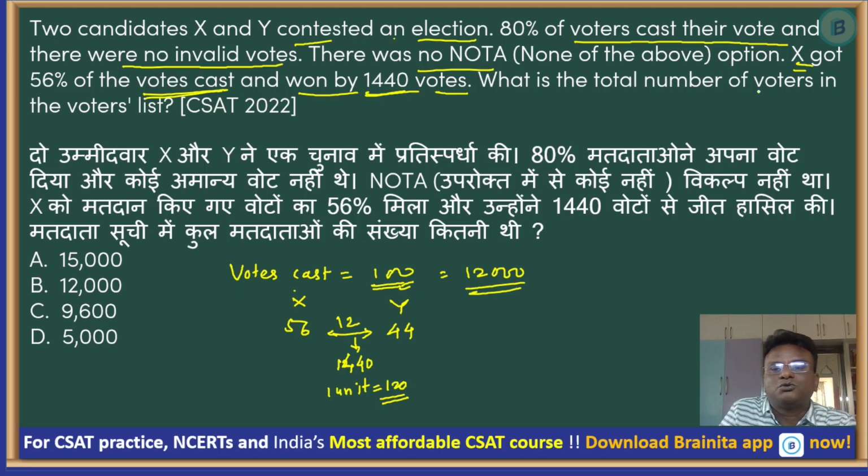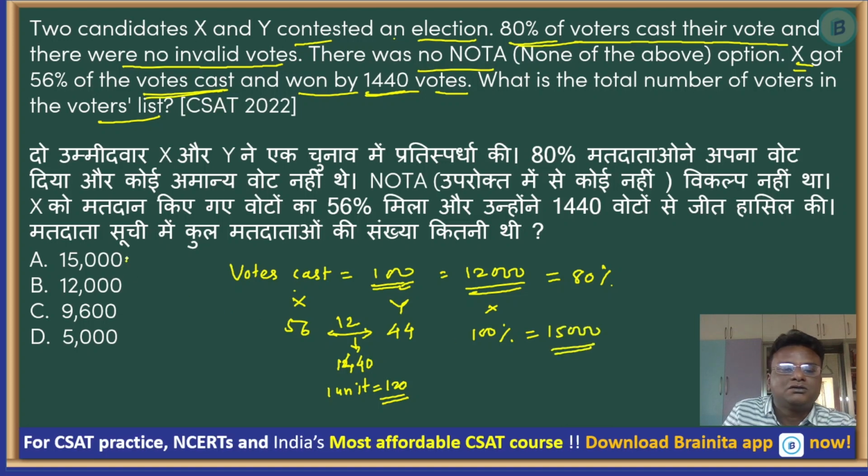Now, what is the total number of voters in the voters list? So 12,000 is not an answer. That is an option, but that's not an answer because we know that only 80% of the voters out of the voters list cast their vote. Okay. So this is equal to 80%. So 100% is equal to 15,000.